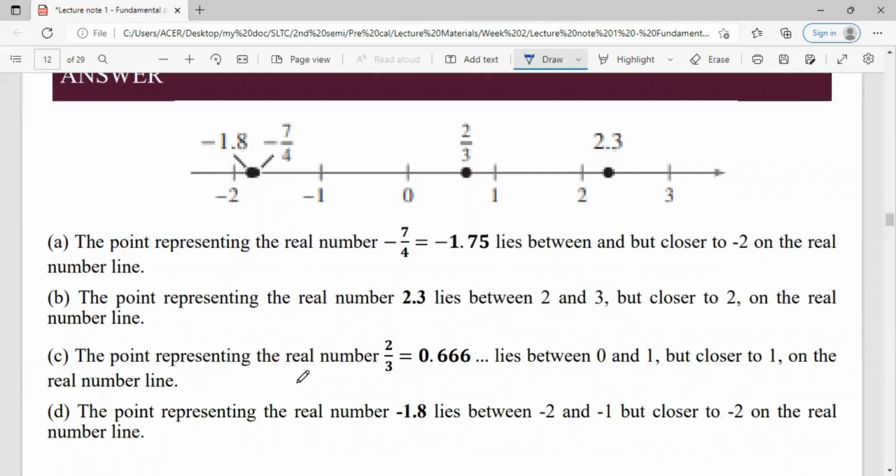The point representing the real number 2 divided by 3 equals 0.666 lies between 0 and 1 but closer to 1. The point representing the real number minus 1.8 lies between minus 2 and minus 1, but closer to minus 2, right?